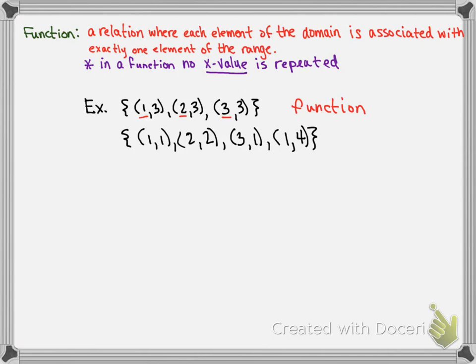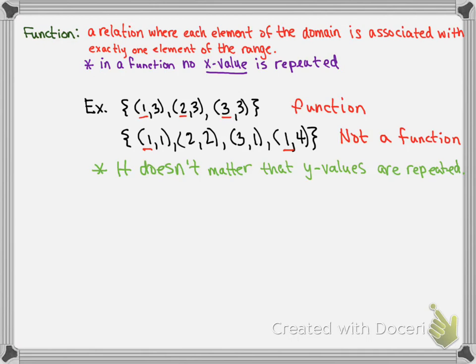So for our x values, we have 1 that's associated with 1 as a y, and here's another one. So the x is repeated, and here y is 4. Since x is repeated, this is not a function. It doesn't matter that y values are repeated, like in the first example. All the y values could be the same. The relation could still be a function, as long as the x values don't repeat.